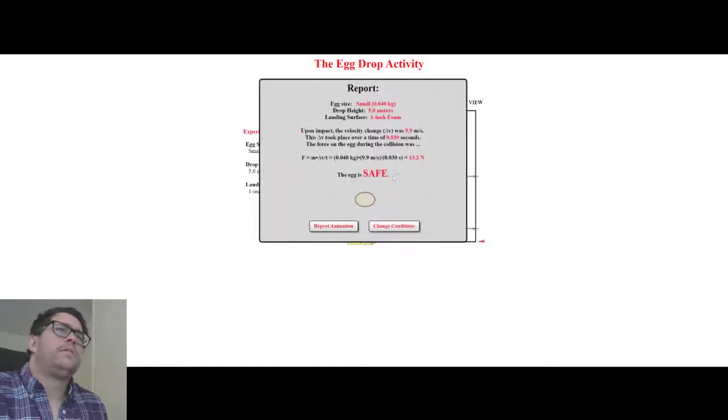The time here now is 0.03, not 0.003, which is 10 times bigger. The force applied within that time can be found here, 13.2 Newton. So the mass did not change, the velocity did not change, but the time did change, saving the egg.